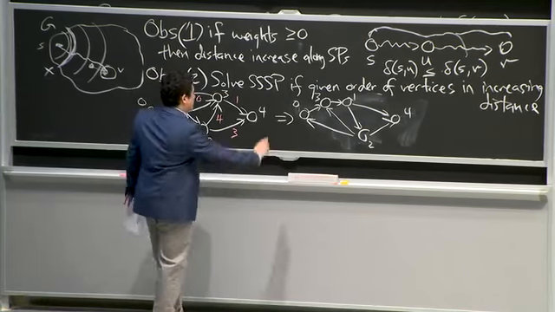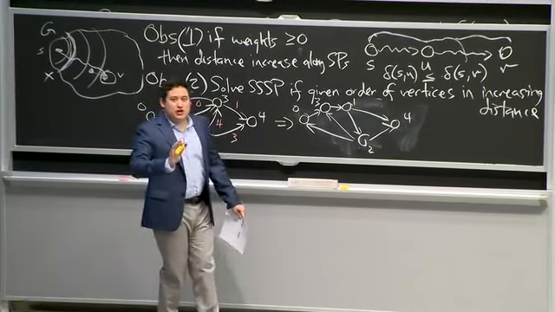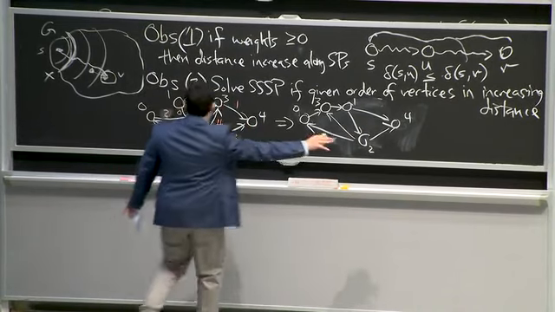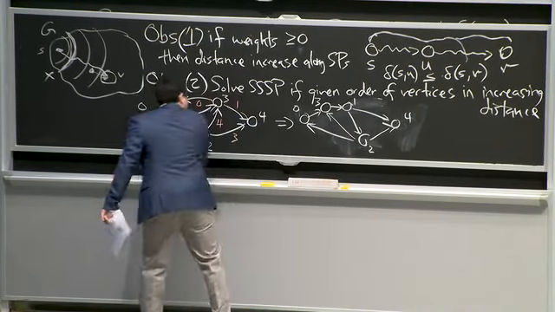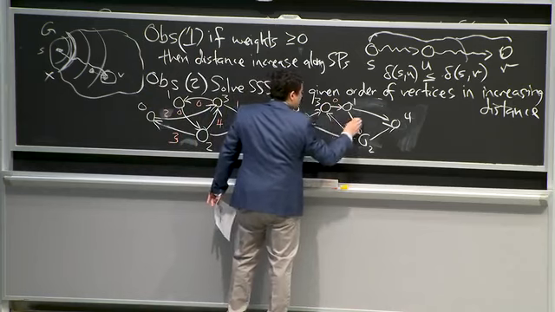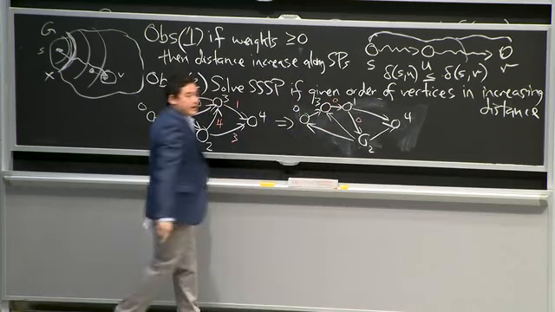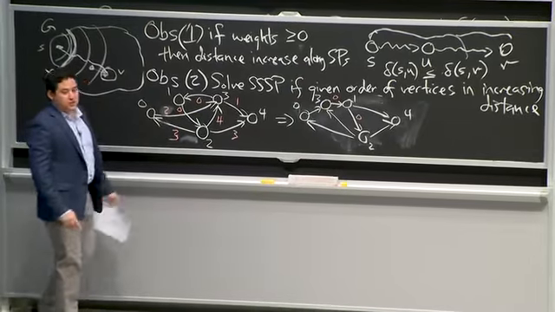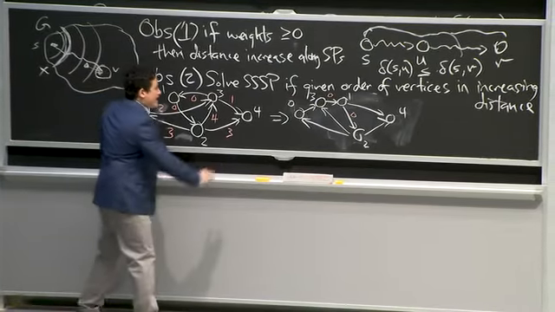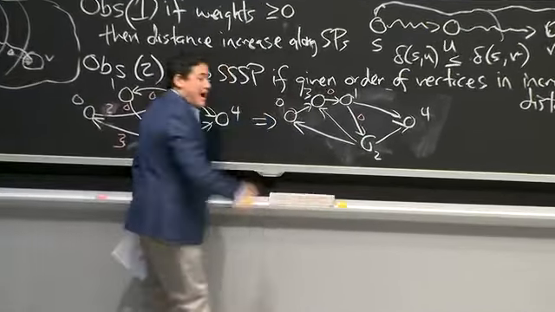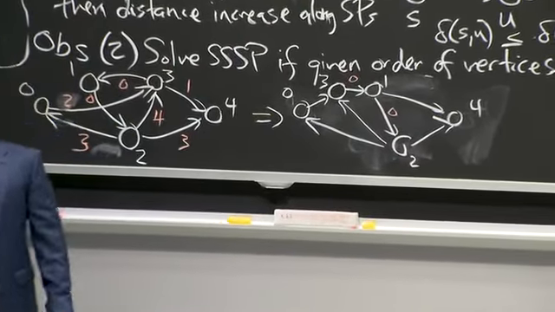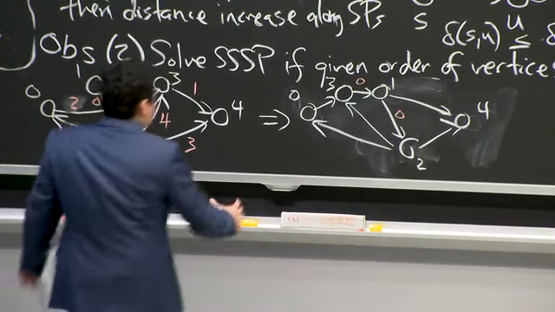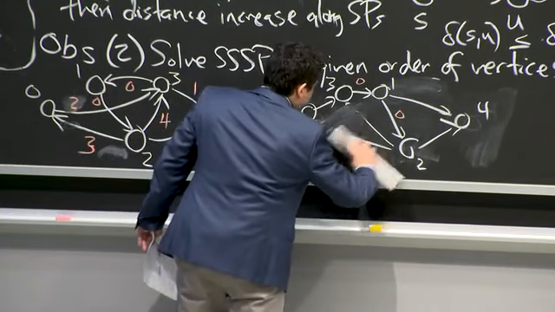Now I have the property that every edge that could participate in a shortest path is going forward in the ordering, right? Because all of these are 0 weight. So we flip those around so they're going correct with respect to the ordering. And any edge going backwards that is positive weight certainly can't be used in any shortest path. So I'm just going to get rid of them.